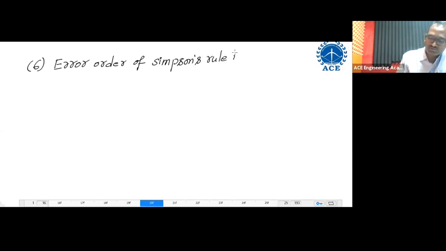Error order 4 can also be written as O of h power 4.